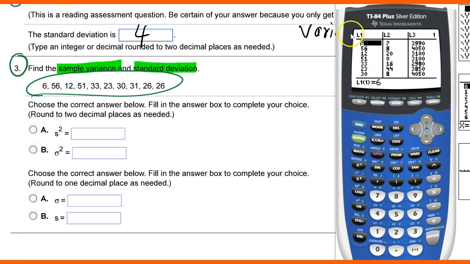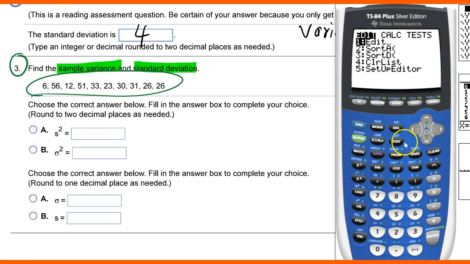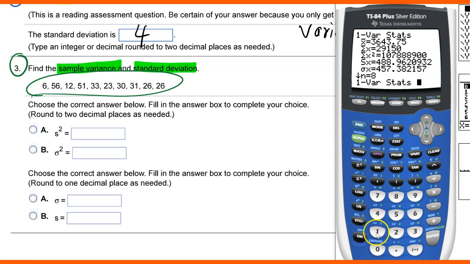Okay, I put the data in L1, and now I'm going to find the standard deviation. I press stat again, highlight calc using the arrow button, and press 1. Since the data is in L1, either I can type L1, or by default the calculator takes data from L1, so I have to do nothing.